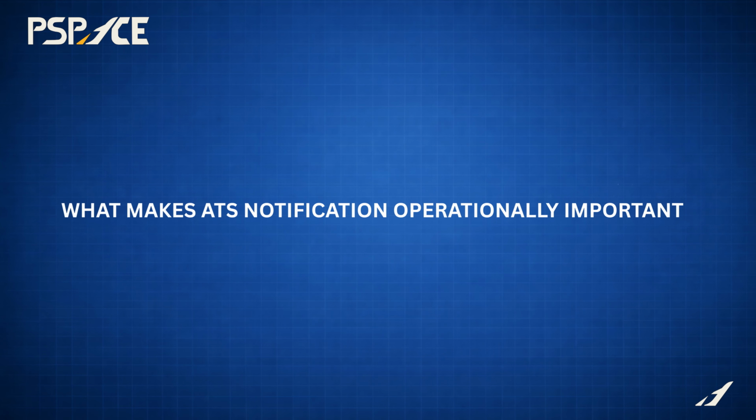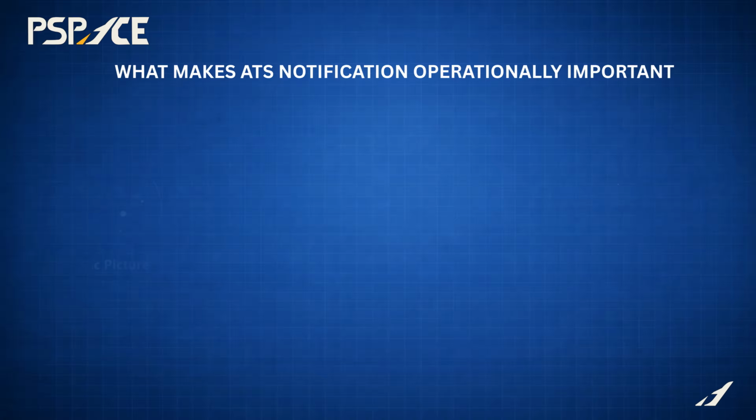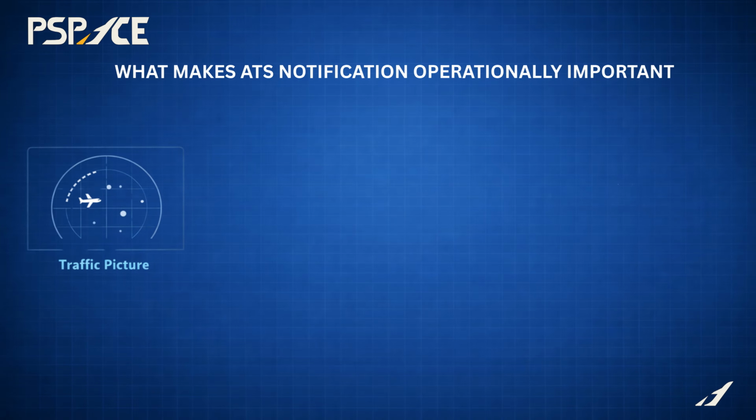Notifying ATS matters because controllers work from a managed traffic picture. And that picture depends on accurate, current understanding of what each aircraft is doing and intends to do. If an aircraft's status changes and ATS is not informed, the controller may still be sequencing traffic, assigning levels, or assessing conflicts on the basis of information that is no longer true.